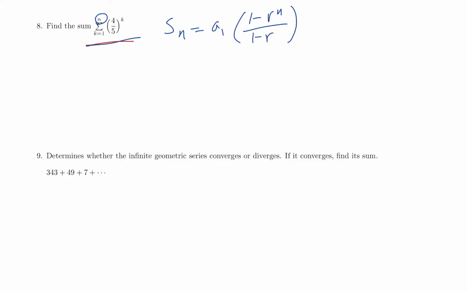What's the first term? Here we plug 1 in, then we get 4 over 5. So the first term is 4 over 5. Sometimes for a geometric sequence, instead of k minus 1, we use k. Regardless, we can recognize the common ratio, and that's how we can identify this is a geometric sequence.